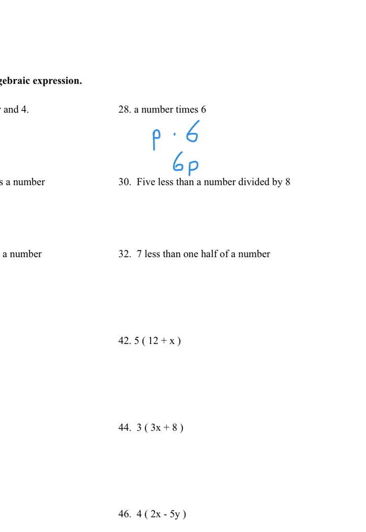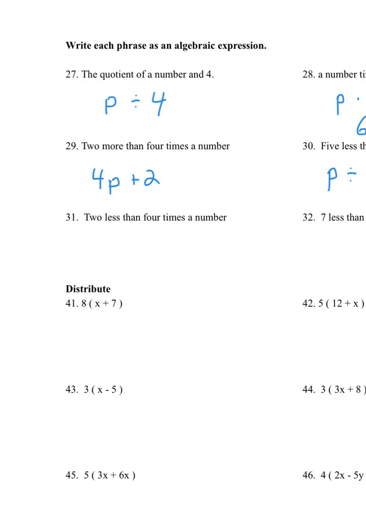Number 30, 5 less than a number divided by 8. So we have a number divided by 8. P is divided by 8. And then we have 5 less than that number. So we're going to subtract 5. Number 31, we have 2 less than 4 times a number.